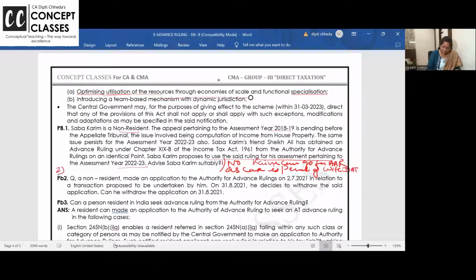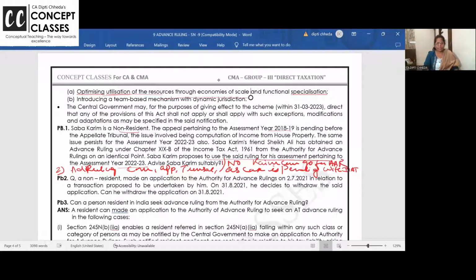Second point is advance ruling is binding to commissioner, applicant, and transaction. So the friend's decision cannot be applied here because it is binding only to the applicant for the transaction and to the commissioner. So others' decision cannot be applied here.